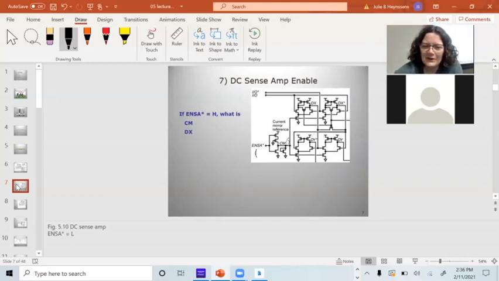If the current mirror voltage is 0, it goes to the gate of all these current transistors in here. I have 0 volts in there. I've shut off the current supply for all of the diff amps. So the DX, the outputs are going to be floating. You've effectively disabled that sense amp.